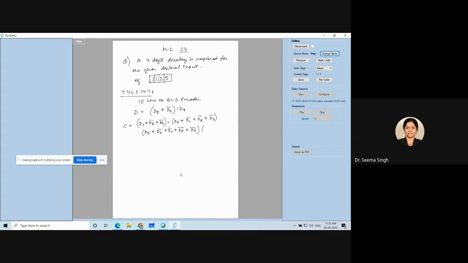So if all other MSBs are 1, then only D5 will be selected. In the same way, D4 will be selected only if D5 to D9 are 1. That is why we have to list all the higher MSBs here: D7, D8 and D9. Okay, are you understanding this D and C equation?